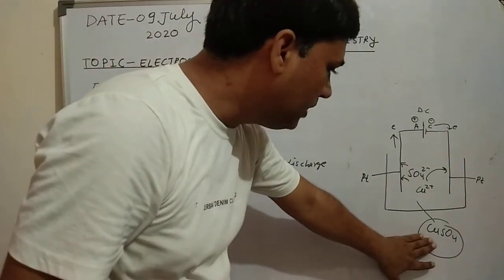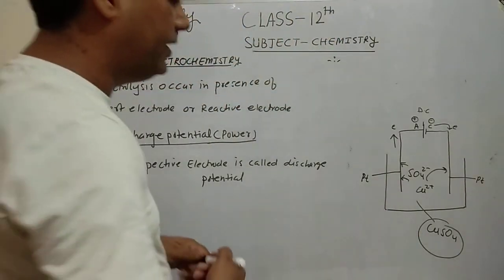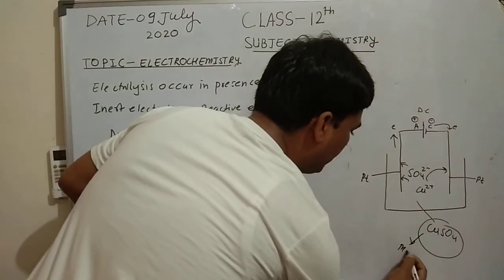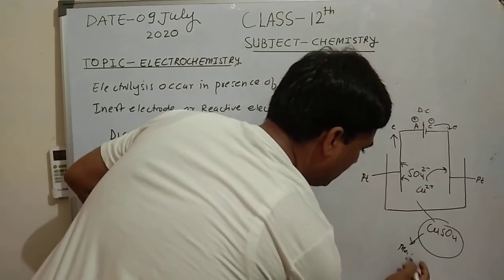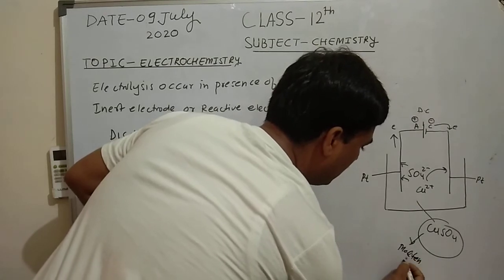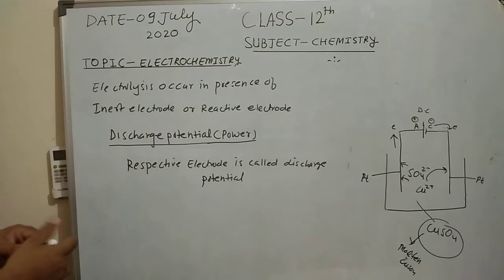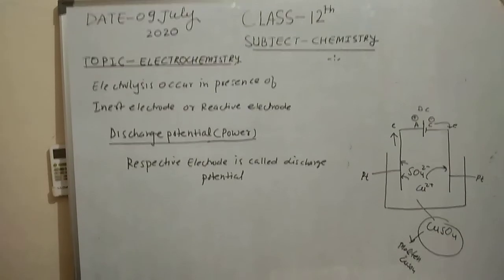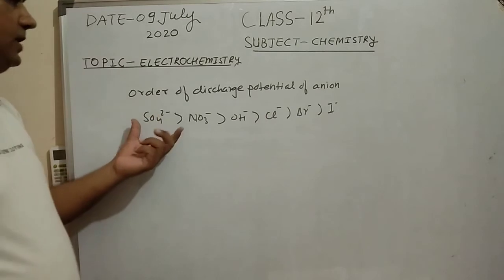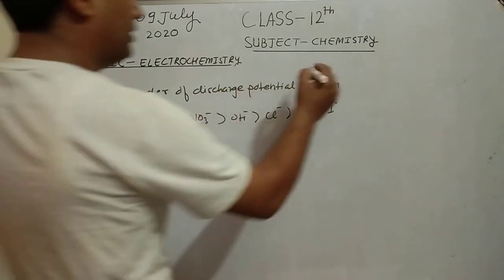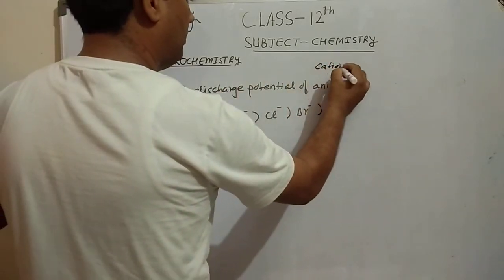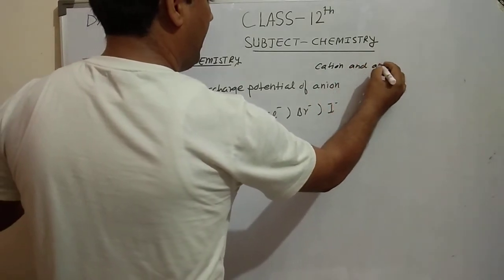And here the copper sulfate is not aqueous, it is molten CuSO4, because electrolysis occurs in the aqueous state or molten state. Discharge potential is related to cation and anion.